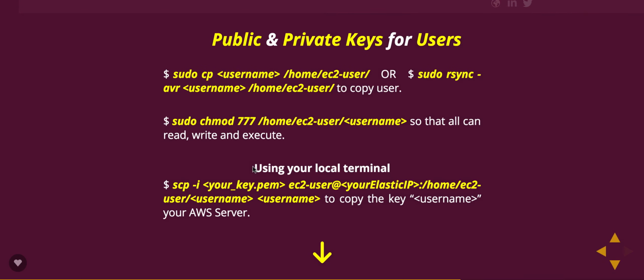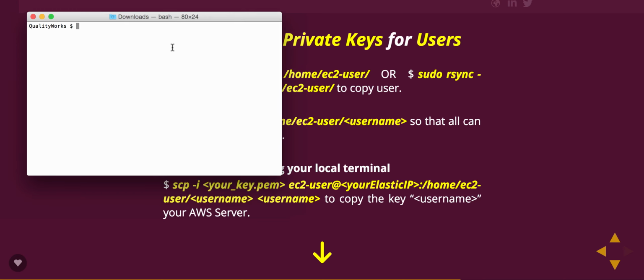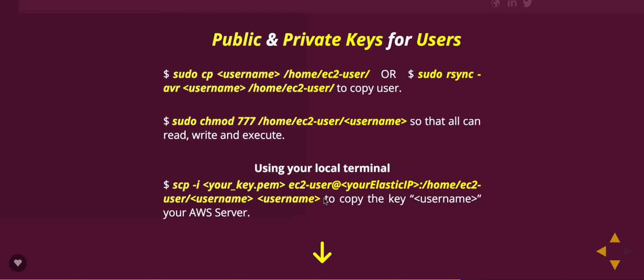Okay, guys, so now I want you to open a terminal from your local computer, and what I want you to do is run this command, and this command is actually to copy the key, which is your username.pem, that is your file, to your AWS server.